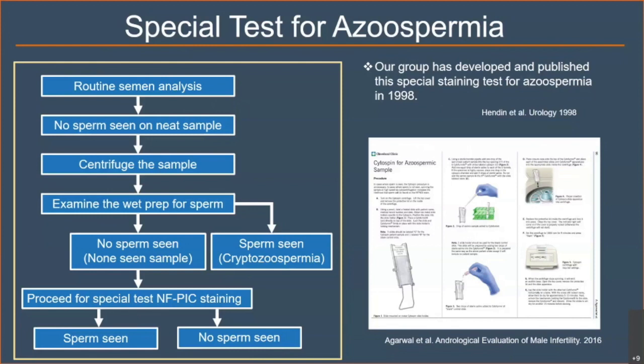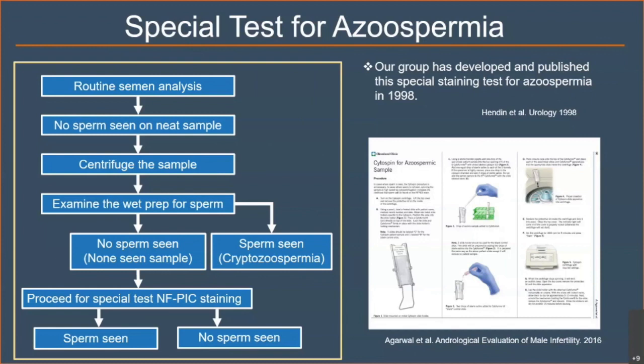The image on the left shows the steps involved, and these are: the sample is examined on a routine semen analysis. If we do not find any sperm on the neat sample, the sample is centrifuged and examined. If no sperm are seen, the subsequent steps will be followed. But if sperm are observed in the spun sample, then this is a case of cryptozoospermia or hidden sperm.